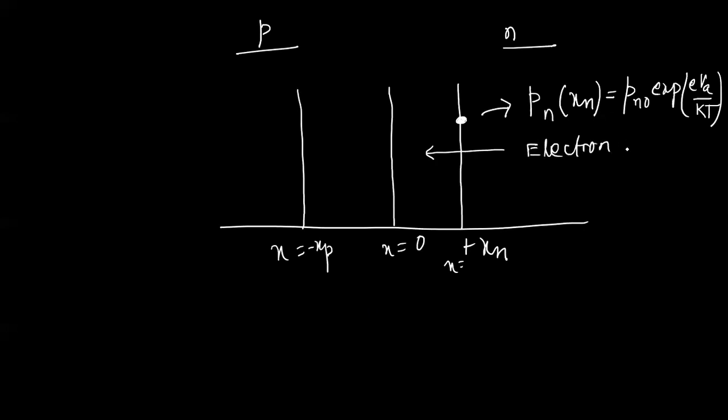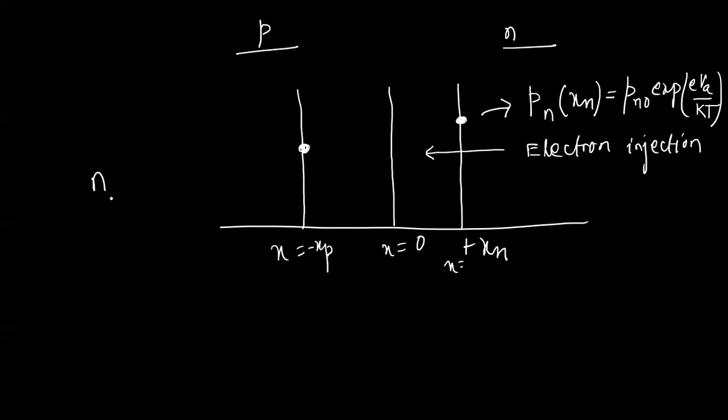So electron injection means the flow of the majority charge carrier electrons in this direction. Similarly, at x equal to minus xp, there is some different concentration here, some other value, because they may not be equal. Let me write this value.